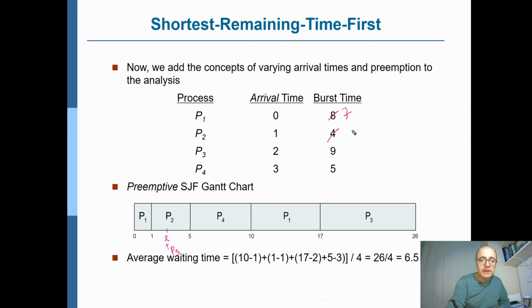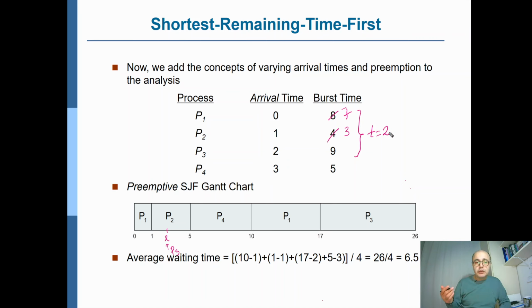Meanwhile, P2 has executed for 1 millisecond, so its remaining burst time is 3. So as of time t equals 2, what I have in the system is processes P1, P2, and P3 with remaining burst times of 7, 3, and 9. The shortest among these is P2, so I keep process P2 in the CPU.